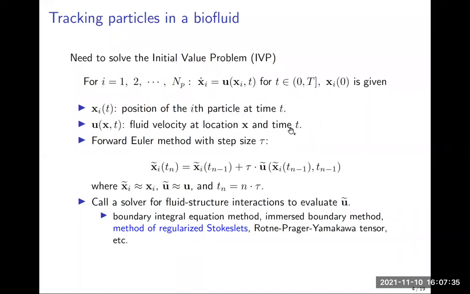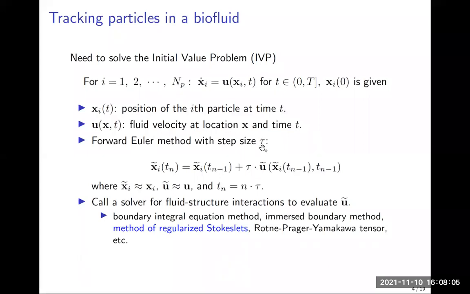So we then use a numerical ODE solver to approximate the solution. Here I gave one example, which is the Forward Euler method with the step size denoted by tau. So if you use Forward Euler method to march in time, then in order to solve this system of initial value problems, the system of ODEs, you do the following at each time step, right?